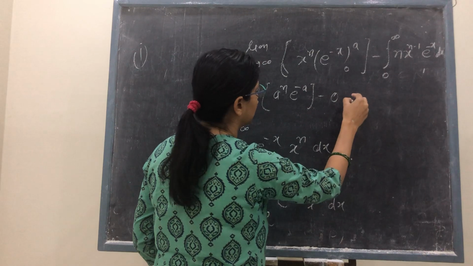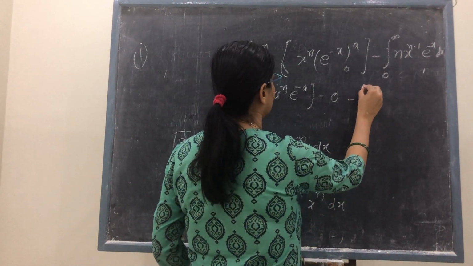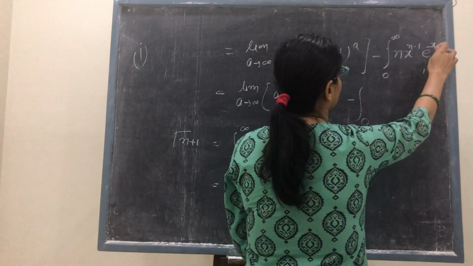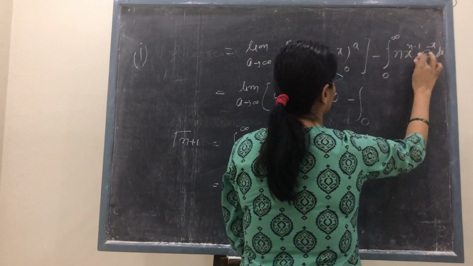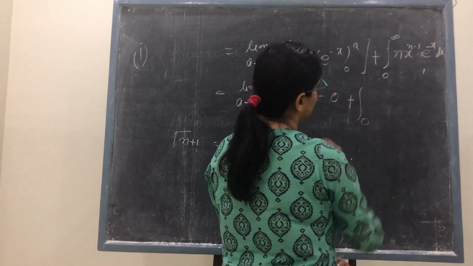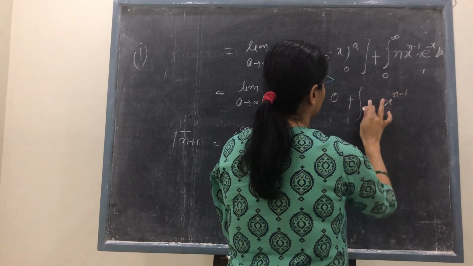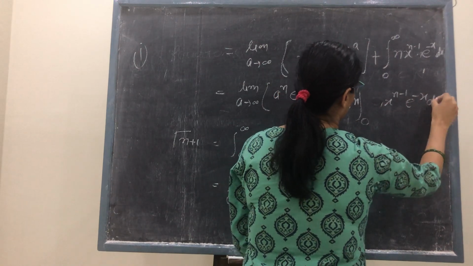Minus the integral, and differentiating it, the sign becomes plus, and n is independent of the integration, so we can write it outside, times x raised to the power n minus 1 e raised to the power minus x dx.